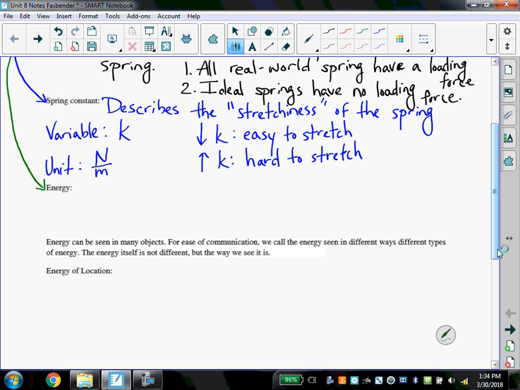Well, we don't have a really precise definition for it. It's this weird quantity that we know exists, and we know that we can pass it from one thing to another thing, but energy is invisible and we can't touch it, so we just have a somewhat vague definition for energy. It is the ability to cause change.